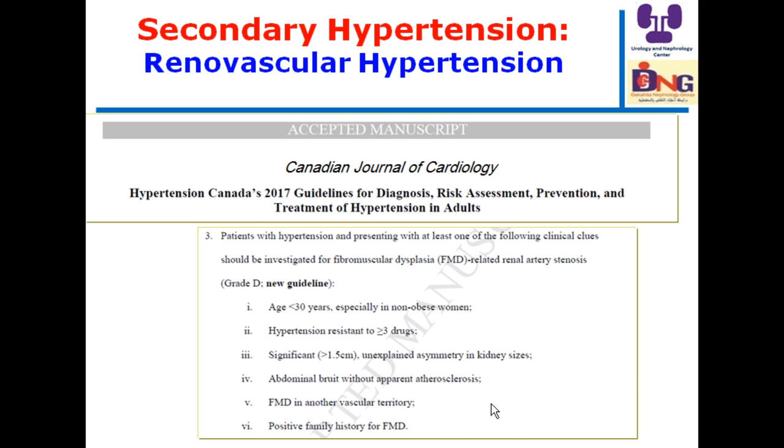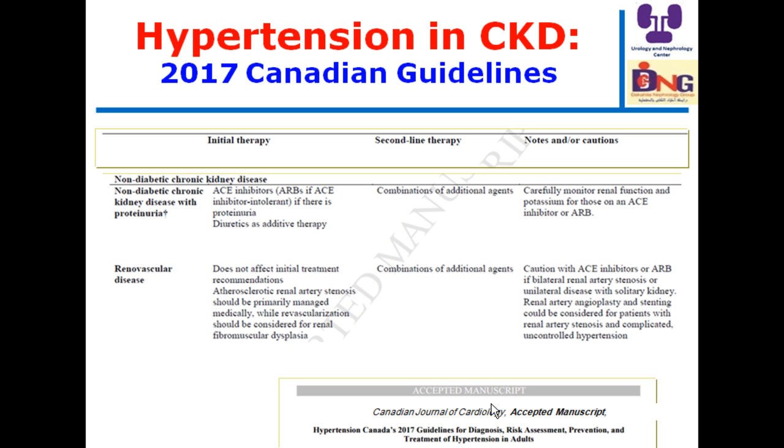Regarding the management guidelines for non-diabetic chronic kidney disease: ACE inhibitor or ARBs if there is proteinuria, diuretics as additive, combination of additional agents, and careful monitoring of renal function when using RAS blockade. Renovascular disease doesn't affect the initial treatment recommendation.